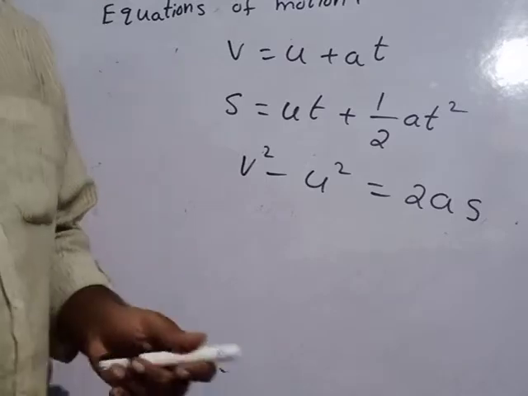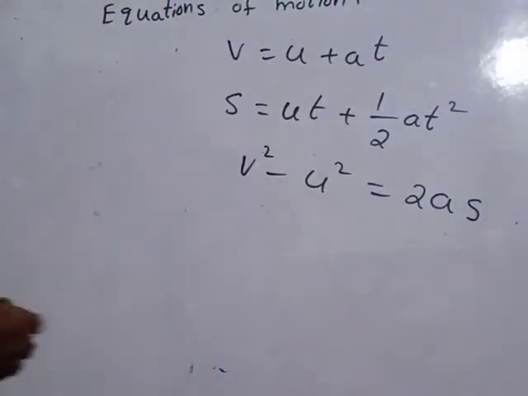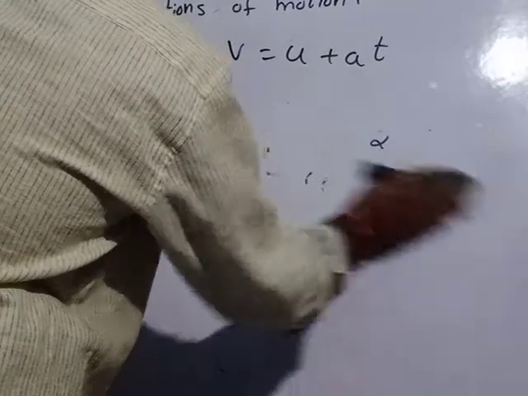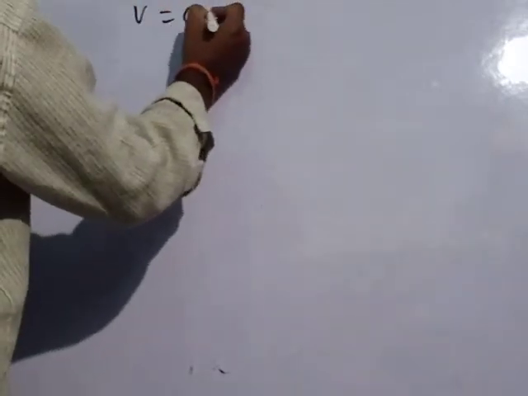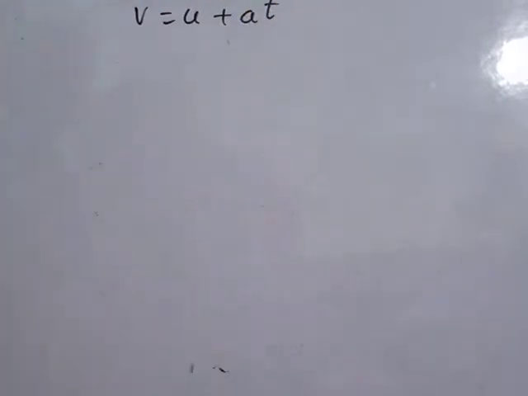Okay. Now the derivation part. First, derive V is equal to U plus AT.